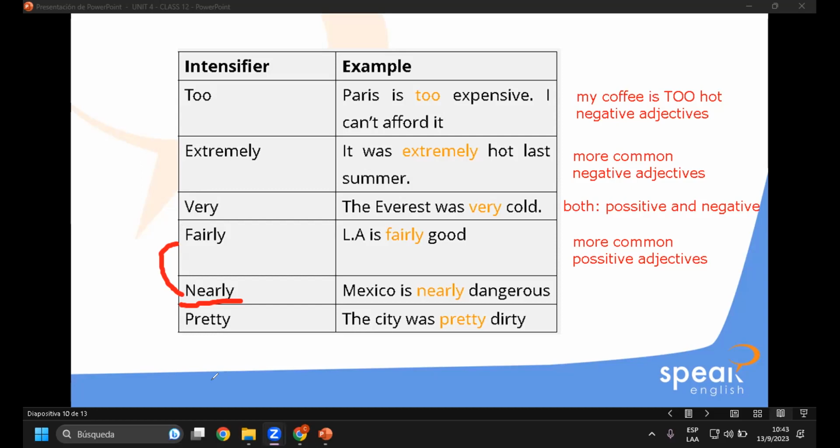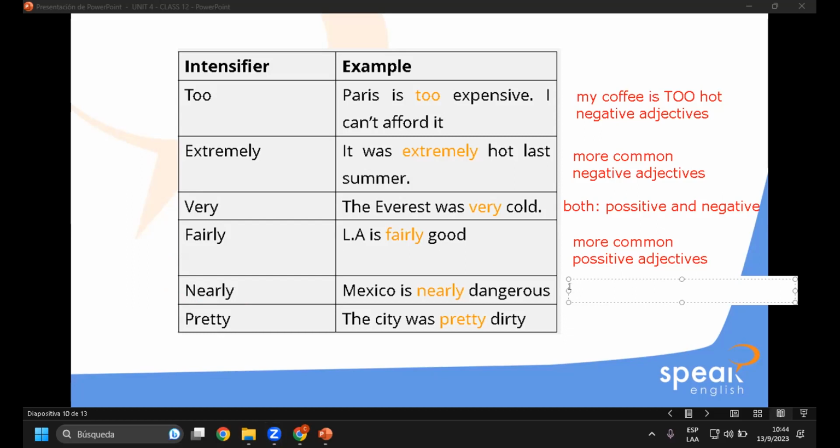Does it make sense if I say casi peligroso? Not really. It doesn't sound good. So in this context, the best translation is like if we were saying fairly. Fairly dangerous. That means like very dangerous, okay? That's why please keep in mind the context. In another context, nearly can have another meaning. And when we are using nearly, again, it's common to use it with both.